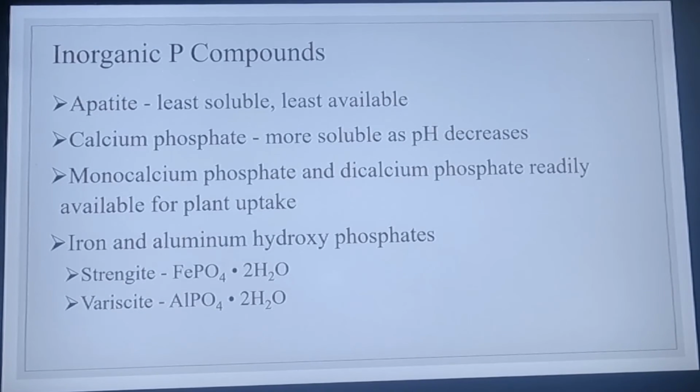The charge on ammonium is positive, but positive what number? Positive 1. And the charge on HPO4 is negative 2. So we need 2 ammoniums to balance out the HPO4 2-.